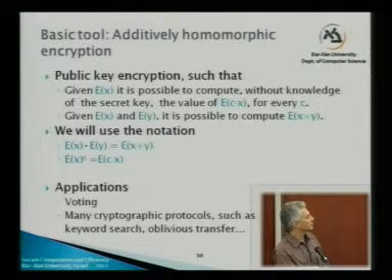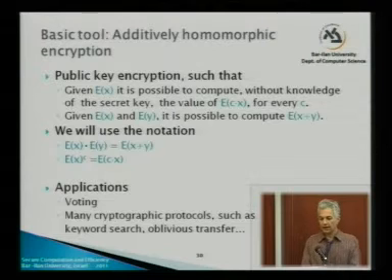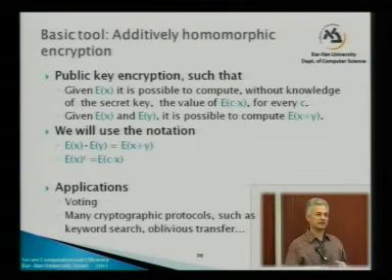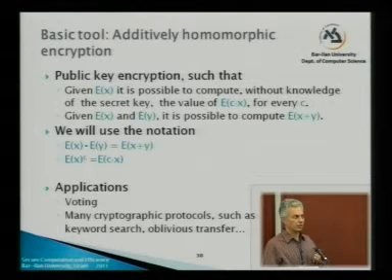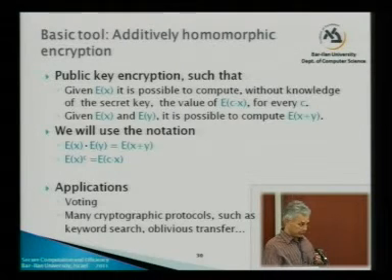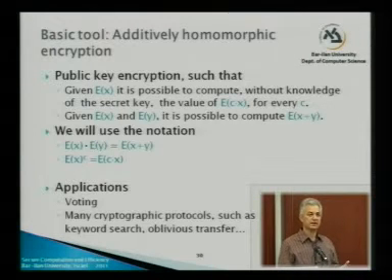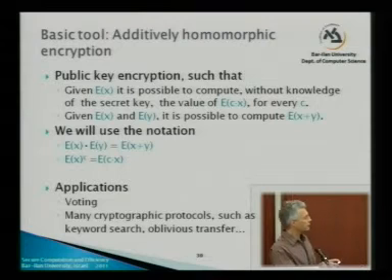Another thing we can do is, given an encryption of X and some constant C that we know, even without knowing the decryption key, we can compute an encryption of C times X. This property actually comes from the first one.